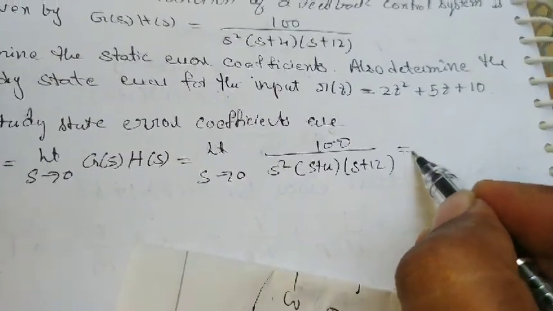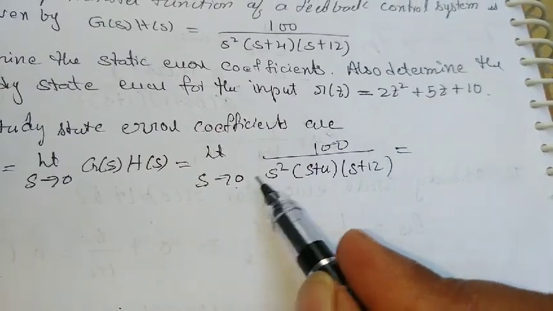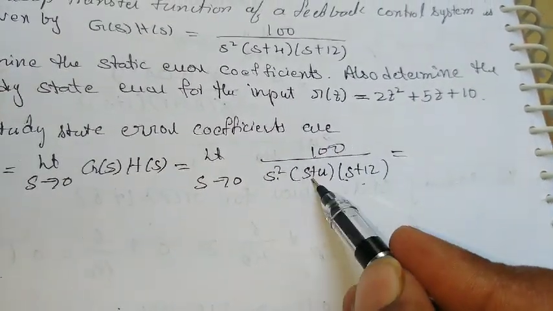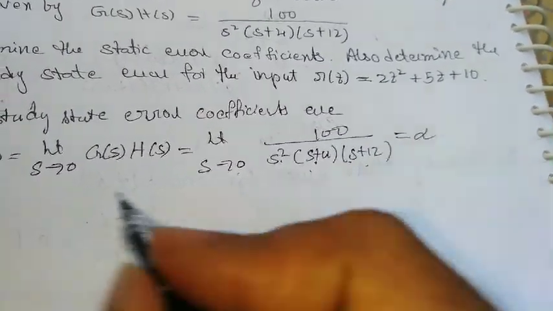Substituting 0 here, here also 0, so something by 0 is infinity.